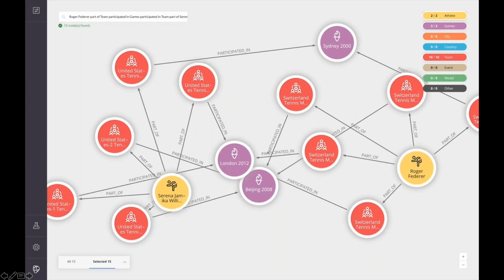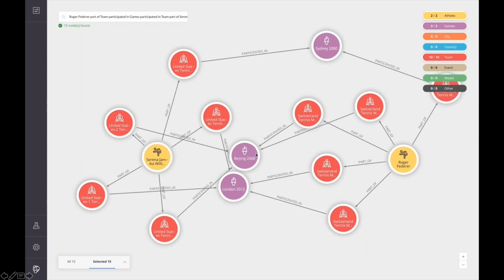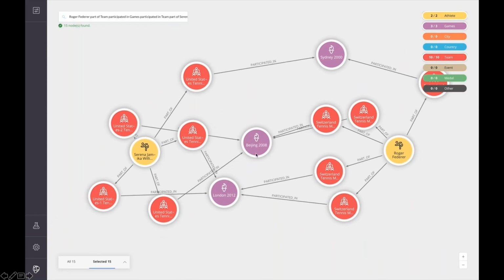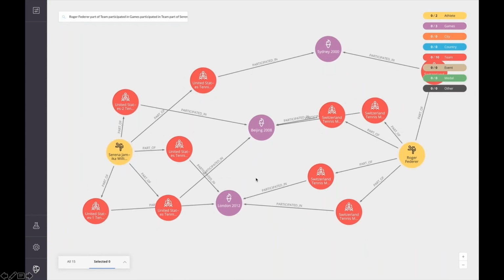Beijing 2008 and Sydney 2000 were also games where they participated in the same Olympic Games, of course, through different teams. And the interesting thing is the 2004 Olympics, like what happened. So maybe that's something that you're interested in knowing: why are they not connected that way? Maybe both of them didn't participate in the games, one of them did, or none of them did, and so on.